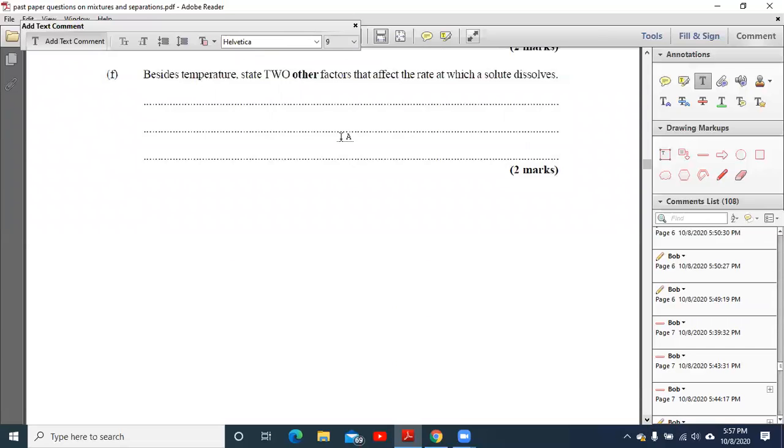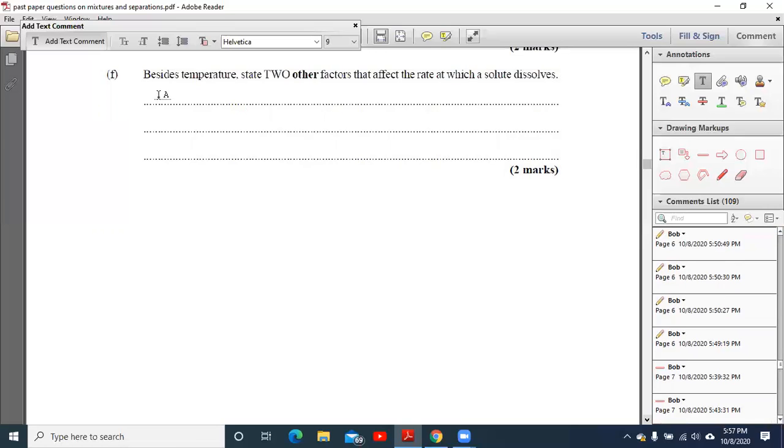And our last question in this past paper: besides temperature, state two other factors that affect the rate at which a solute dissolves. We know for sure that temperature affects the rate at which a solute dissolves.